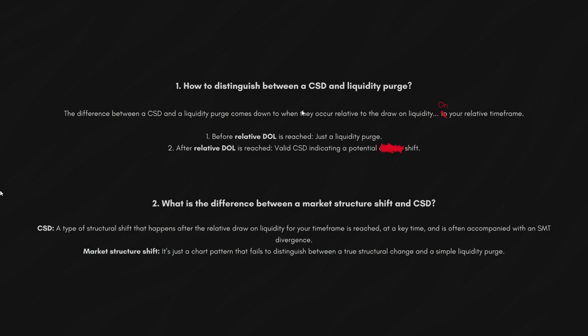If price rejects below a low or above a high before the relative drawn liquidity is reached, that would be regarded just as a liquidity purge. But if that rejection occurs after the relative drawn liquidity is reached, that would be considered a valid CSD that indicates a potential shift in the structure.